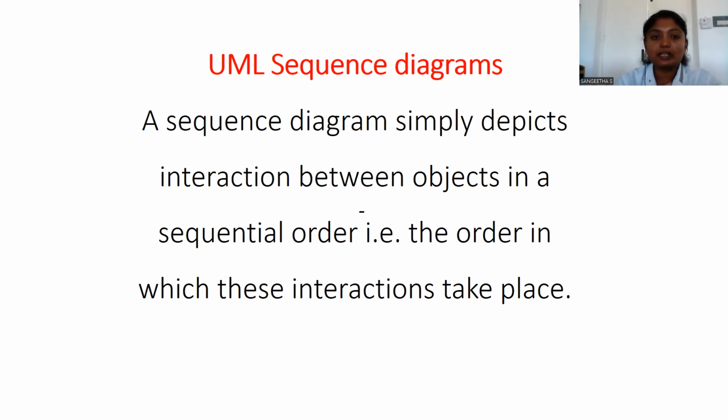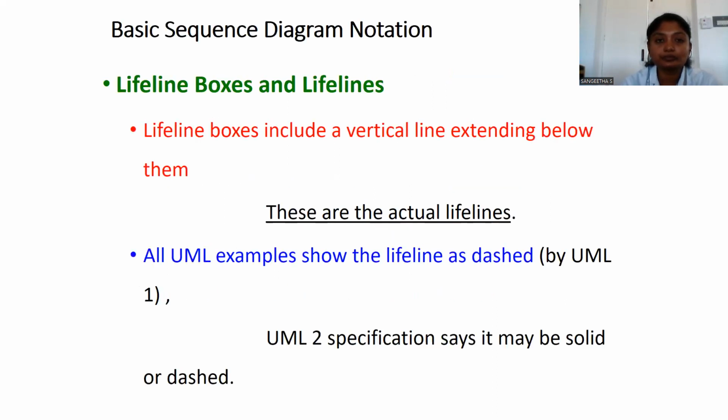For that, we need a kind of diagram to identify the sequence of message passing. So here the UML sequence diagram plays that role. It records the message sequences by numbering the messages, and by using the structure of the sequence diagram, we can identify it very easily.